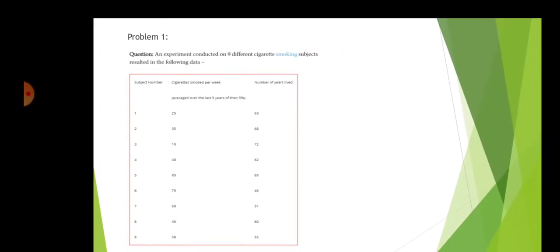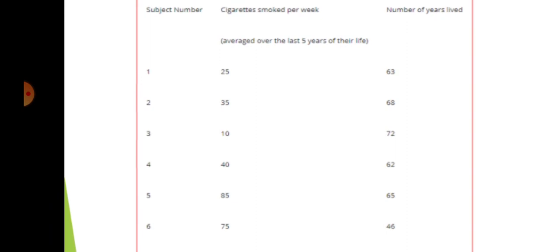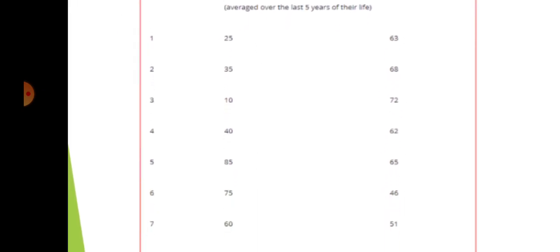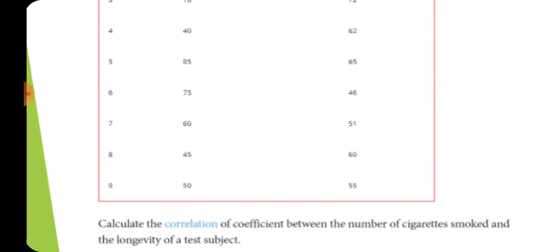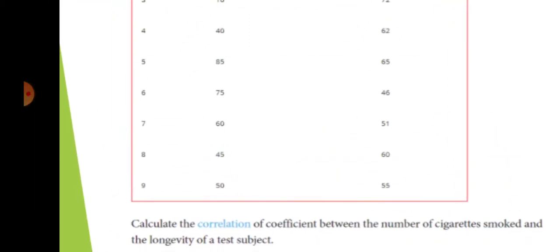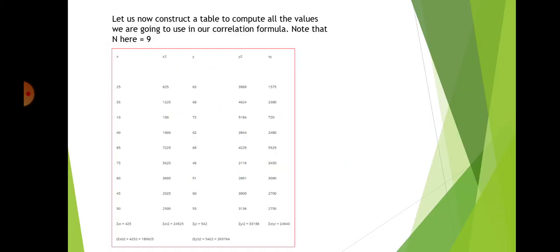You have to take this as x value, the other one as y value, second and third column. You don't have to worry about which one. Now you calculate the following quantities. X values, once again you write afresh.